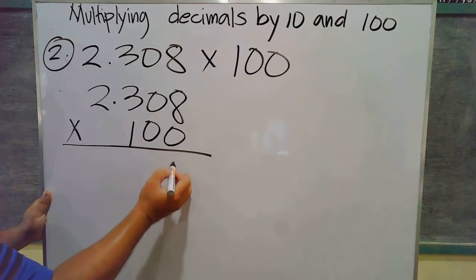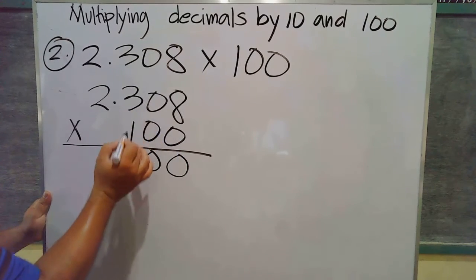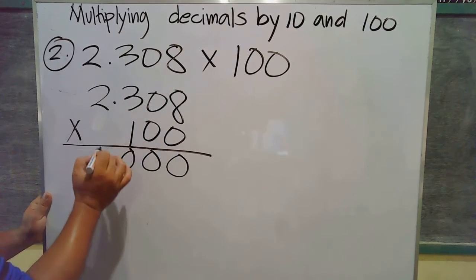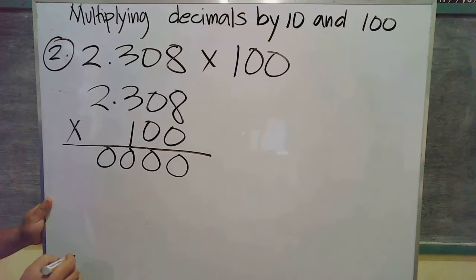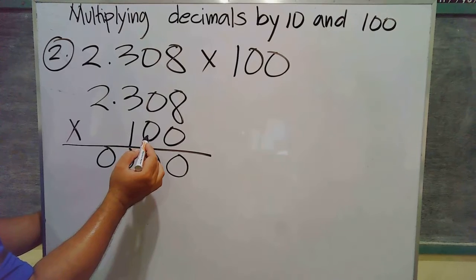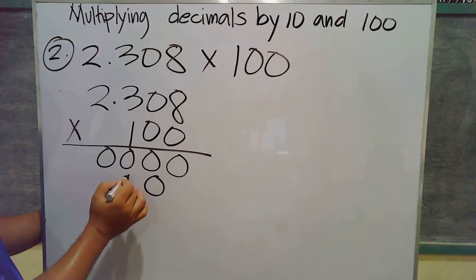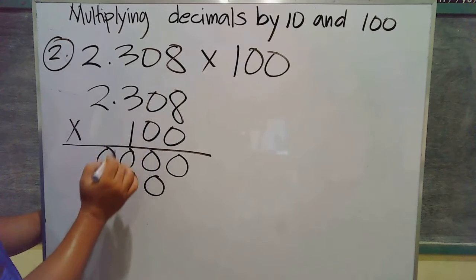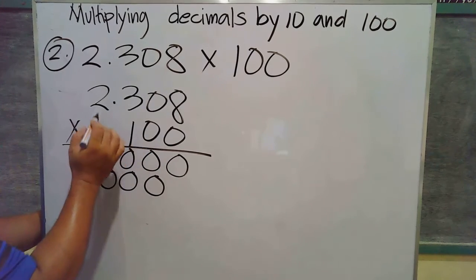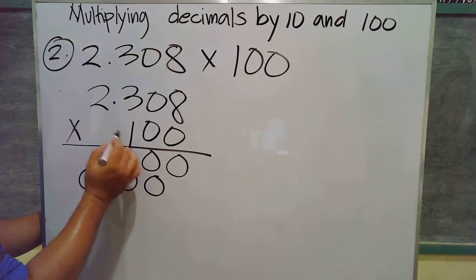So 0 times 8, 0. 0 times 0, 0. 0 times 3, 0. 0 times 2, 0. Now let's multiply by the next number. 0 times 8, 0. 0 times 0, 0. 0 times 3, 0. 0 times 2, 0. And 1 here, multiply with this number.